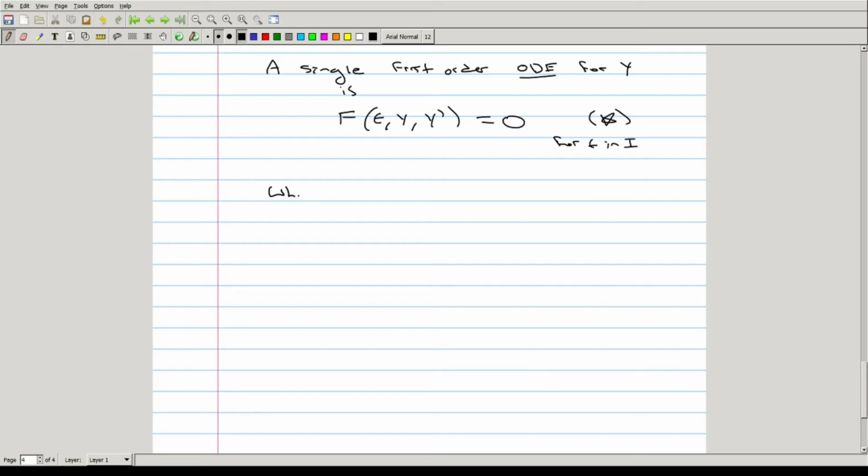So y prime is equal to some function lowercase f of t, y. And as long as you do it carefully, this can be done to great effect very often, and gives us a slightly nicer way of looking at solutions. So we'll call this equation 1.